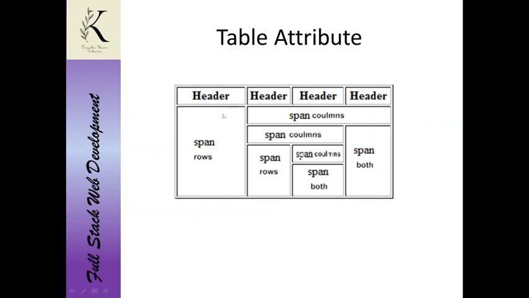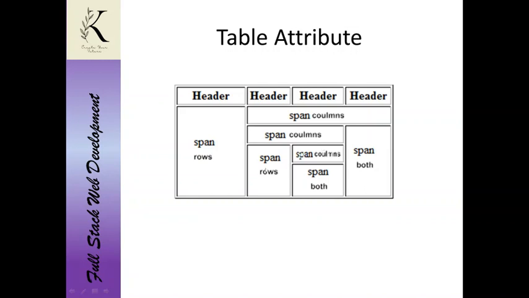From the second row to the fifth row all are merged for the first column, and for the first row, the third column to the fourth column are merged. Now for the third row, the second column and third column are merged, and for the third column, from the third row to the fifth row, all 3 rows are merged.